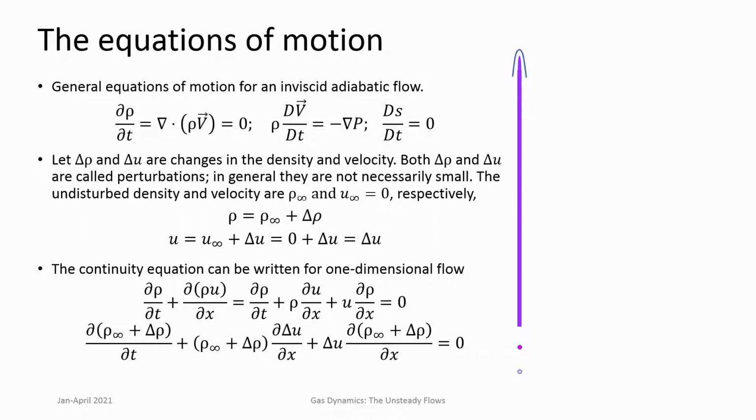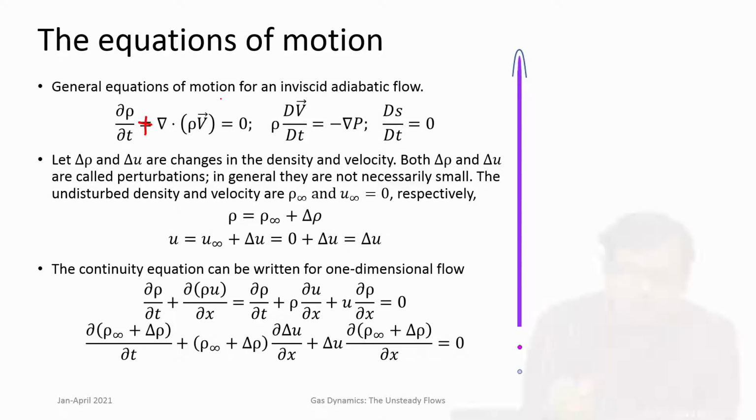There are general equations of motion for an inviscid adiabatic flow. So, this is an inviscid flow; viscous effects are not considered. It is a compressible flow. So, we have the compressible equations. ∂ρ/∂t plus ∇·(ρv) is equal to 0.